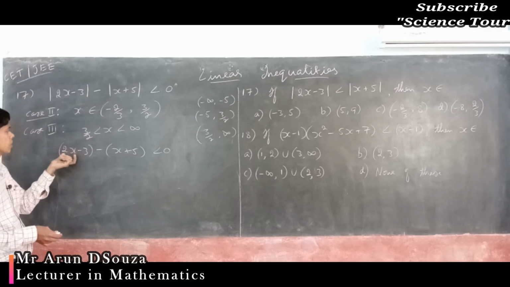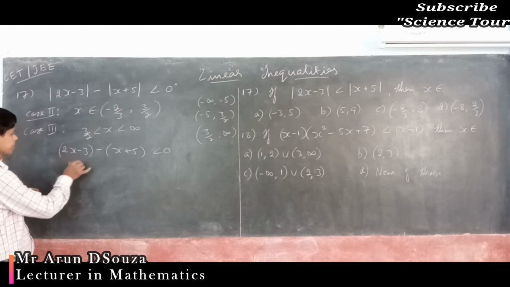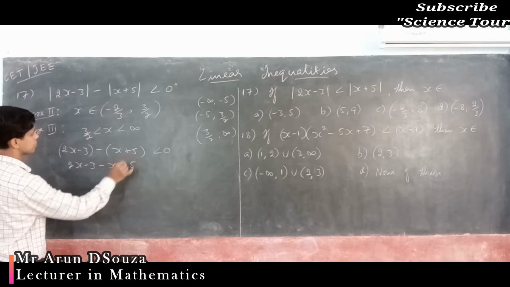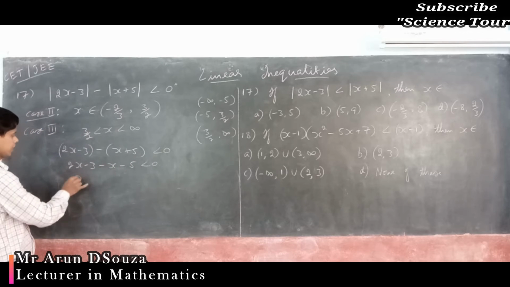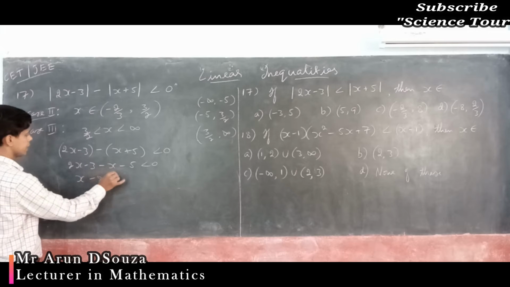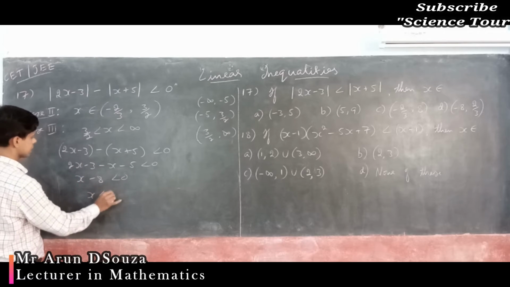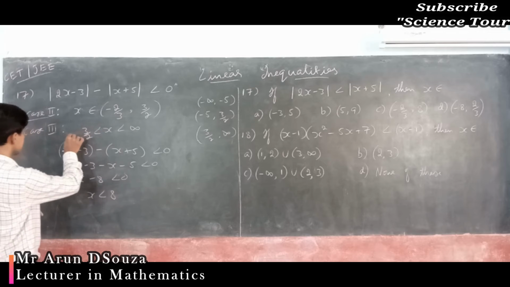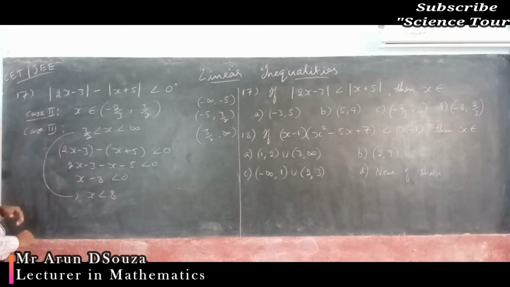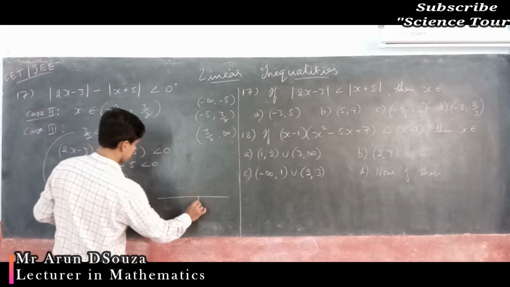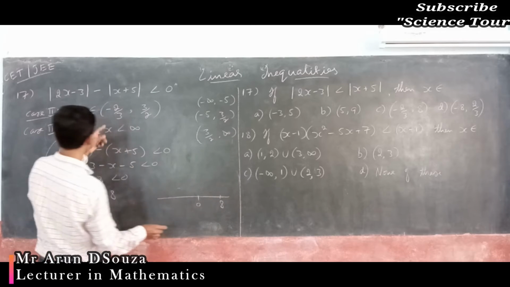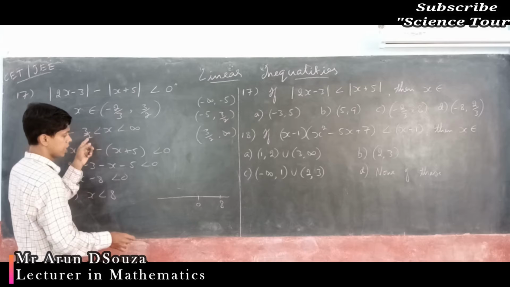Now, you have 2x minus 3 and minus x minus 5 must be less than 0. So, you have x here and minus 8 here. So, x is less than 8. Now, combining these two, what are you getting? You have 8 and then 3 by 2.